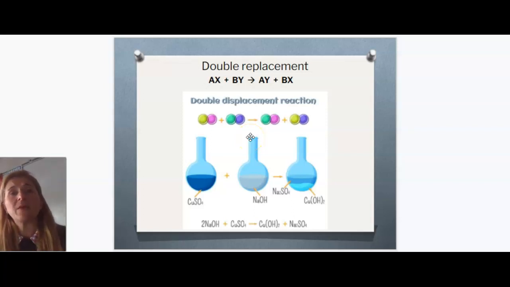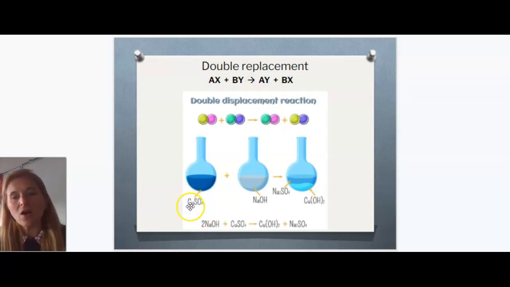Whereas a single replacement would be like Amy putting on a shirt and saying, I don't like the shirt, and going back to her closet and changing shirts and hanging that shirt she had on back up or throwing it in the laundry or whatever. So a double displacement is where you have two molecules and they're swapping cations and anions with each other.